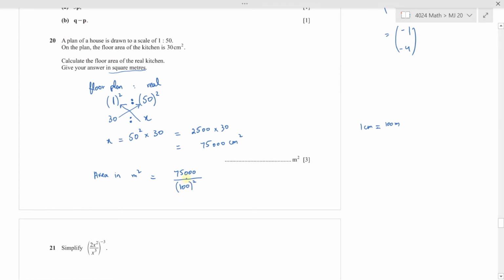You have studied that to convert centimeters into meters, you simply divide by 100. But since you have centimeter square and meter square, you will divide by 100 square. So 75,000 divided by 100 square, which is 1 with 4 zeros. These zeros cancel out. So you are left with 75 by 10, which is 7.5 meters square. So your final answer here is 7.5 meters square.